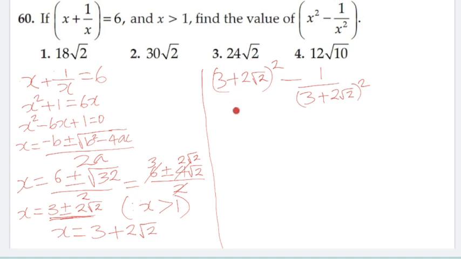So this will be equal to 17 plus 12 root 2. Sorry, there is not enough space there, so I will write it down.